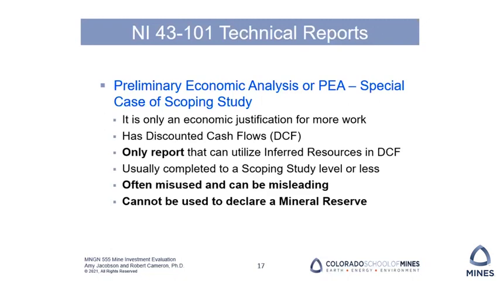It is a lot higher risk, I should say, than either a preliminary feasibility study or a feasibility study. And it is only an economic justification for more work. It does have a discounted cash flow. That's one of its characteristics.